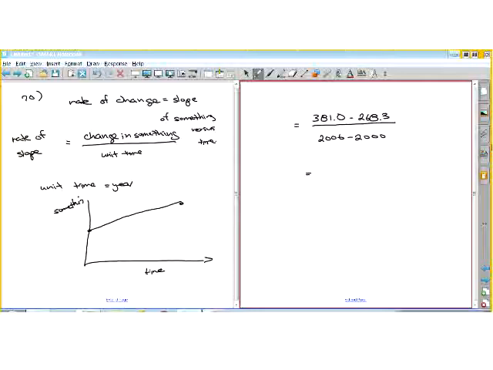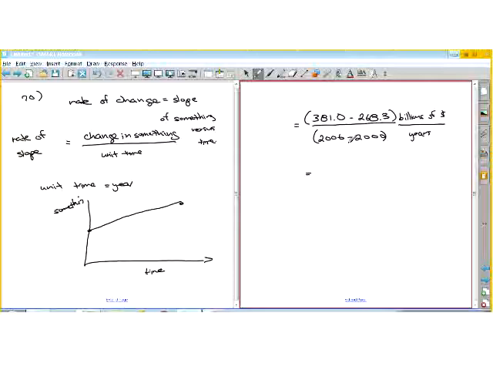Well, one other thing is we would want to write down what the units are. I'm just using numbers, but for rate of change it's important to have the units. So this would be billions of dollars. The denominator would be years.